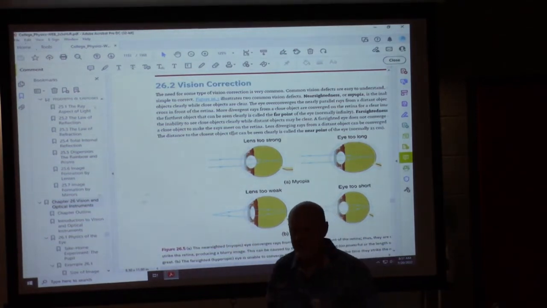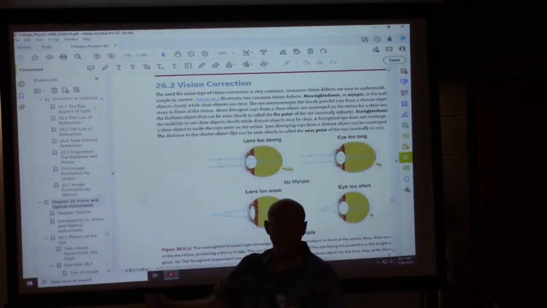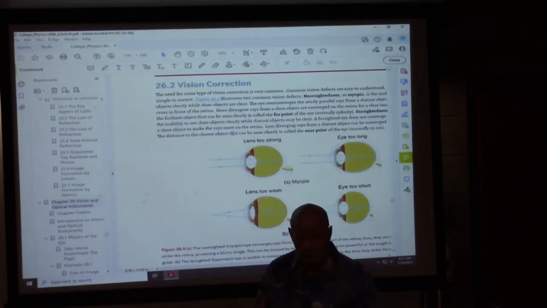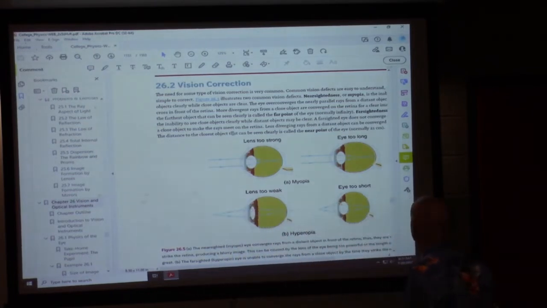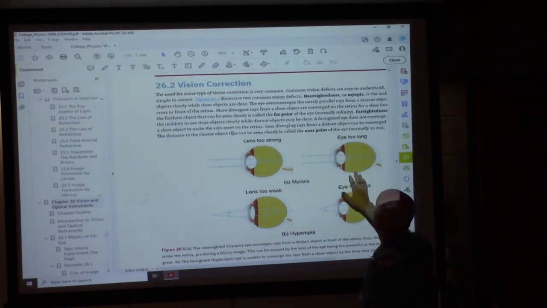It bends the light too much, and I can't get those things far away into focus. And so I see things close, but not far. Hence, I'm nearsighted.